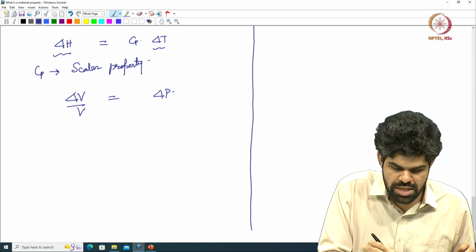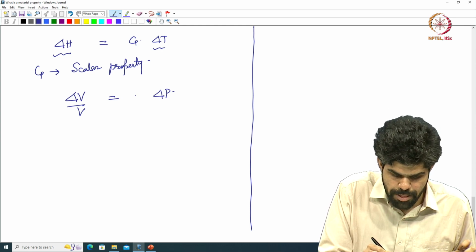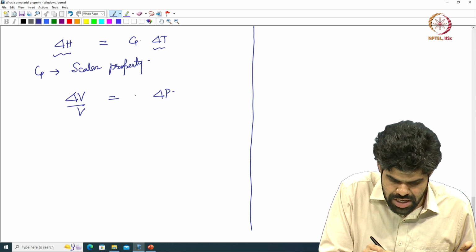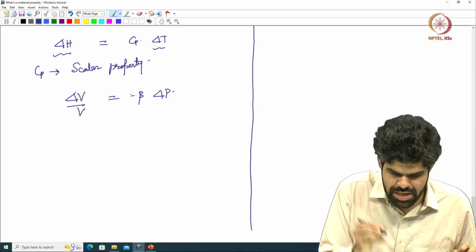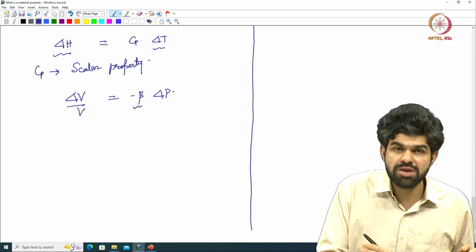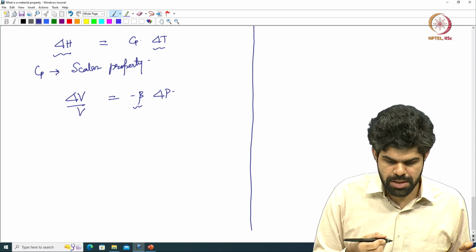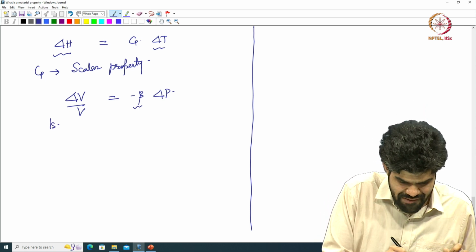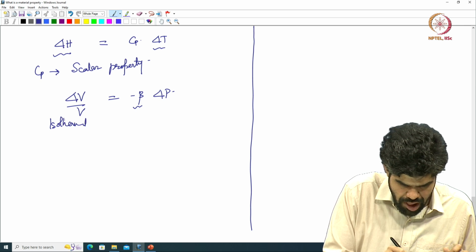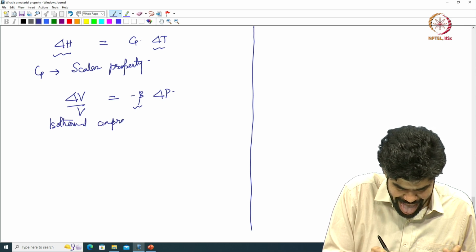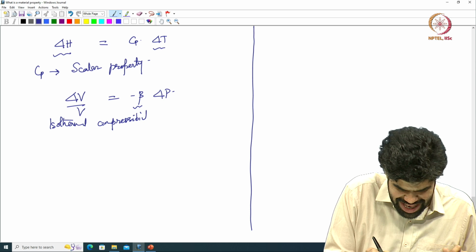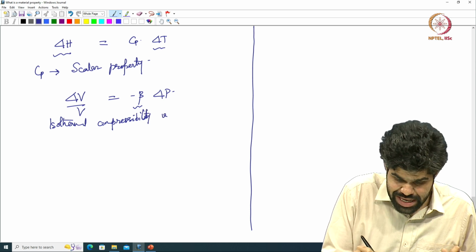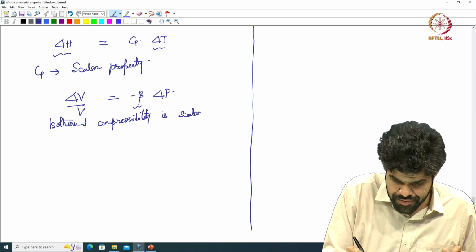So a minus beta comes in there. So isothermal compressibility is also a scalar property.